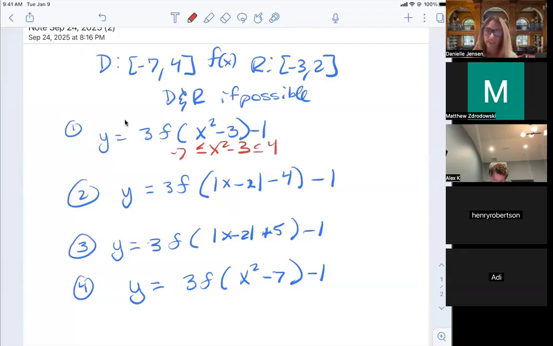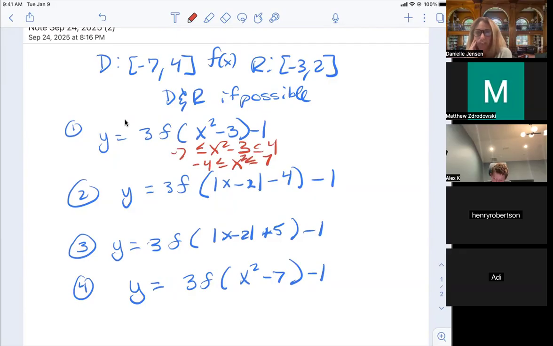I still feel like that's the best way to go about starting this, because it forces you to do the appropriate order of things. So I'm going to shift right 3, and so this will be -4 to 7, x squared.